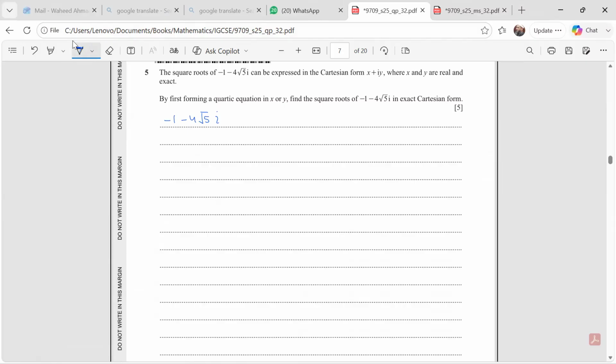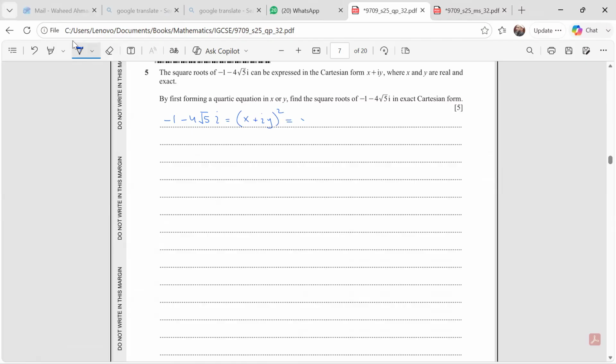The square root of this is x plus iota y. So its square will be equal to this: x plus iota y, squared.